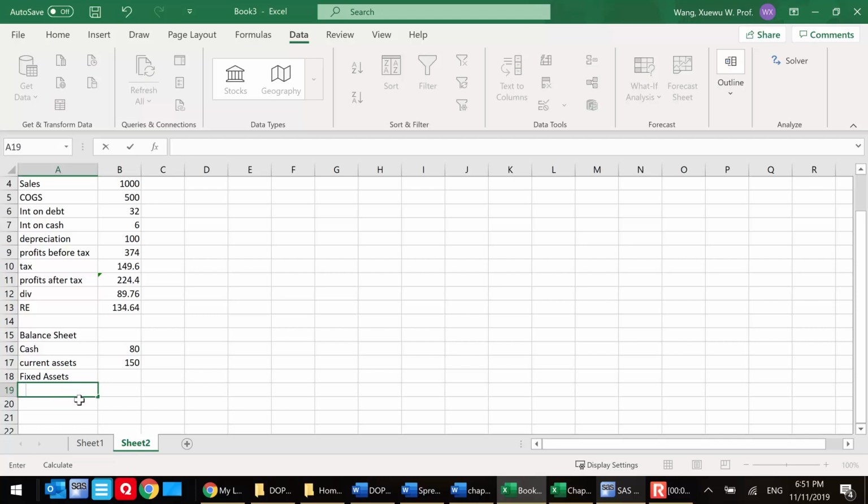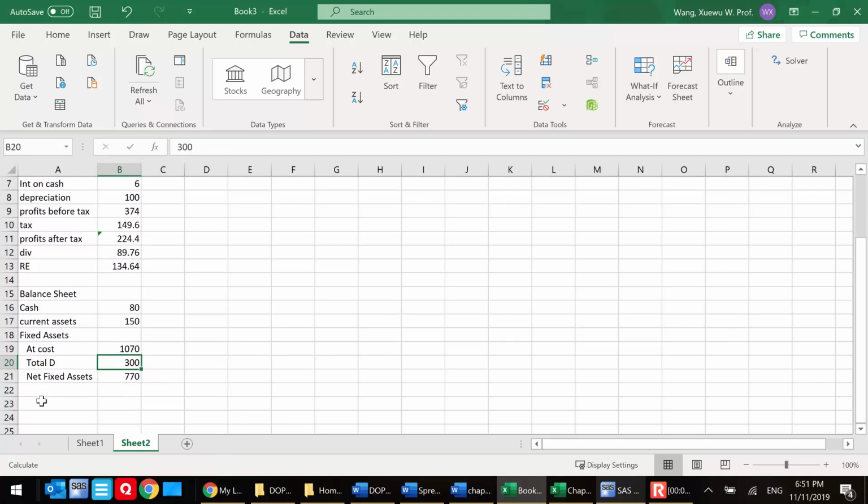You have the same 3 items here: fixed assets at a cost versus total depreciation versus net fixed assets. So these numbers are all given: 770, and the total depreciation is 300, and therefore the fixed assets at cost is going to be the summation of these 2 numbers.